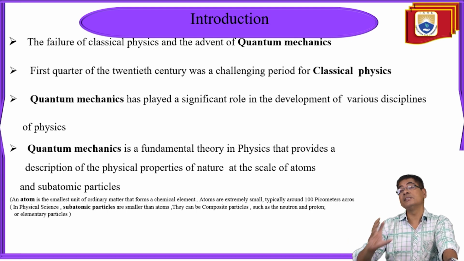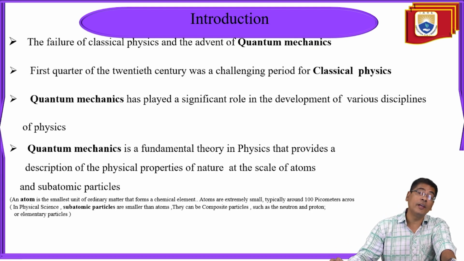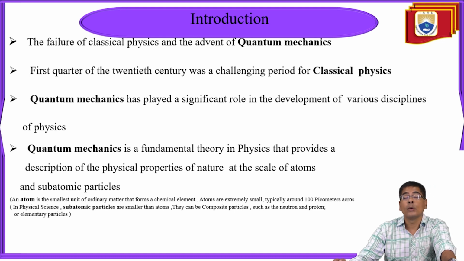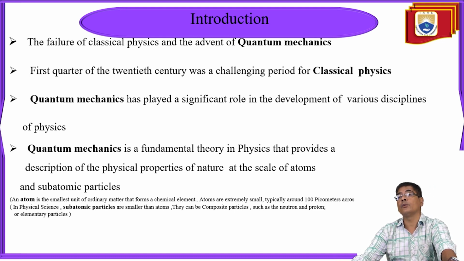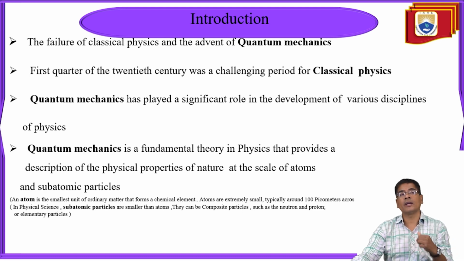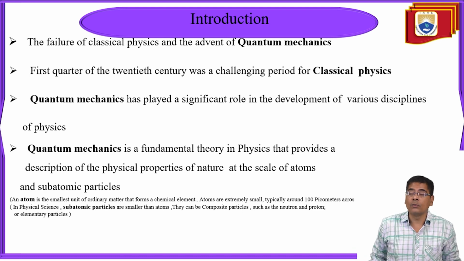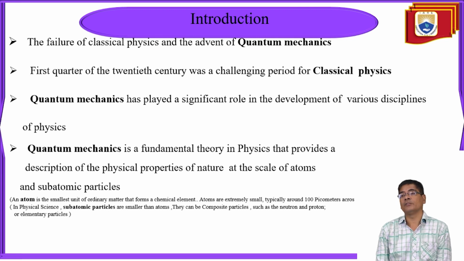Quantum mechanics emerged during that time due to the failure of classical physics. That's why quantum mechanics has played a significant role in the development of various disciplines of physics.